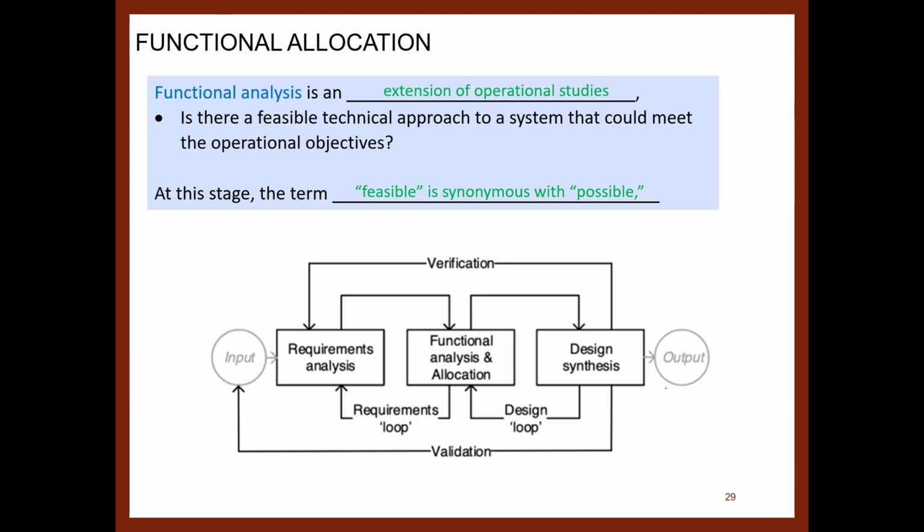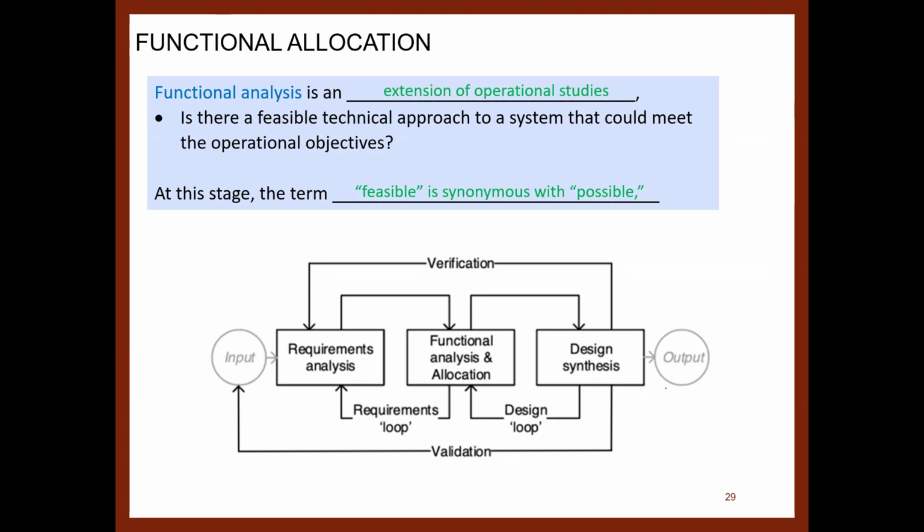So here we have a diagram that is illustrating, right? We go from input, we state our requirements. The requirements are used to define our functional analysis and allocation. We loop into the requirements analysis, and also functional analysis allows us to start looking at a design.